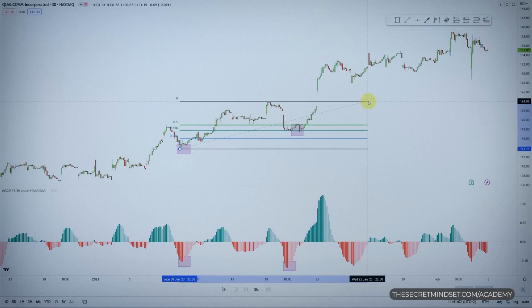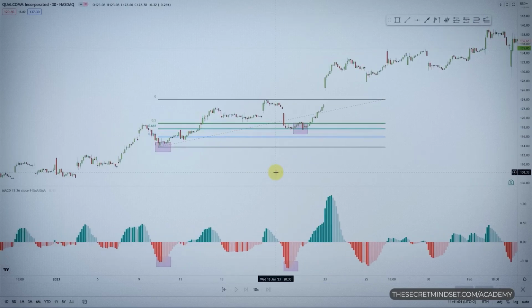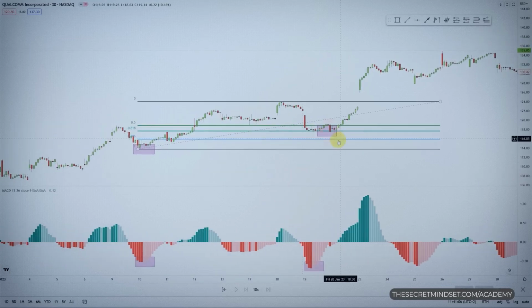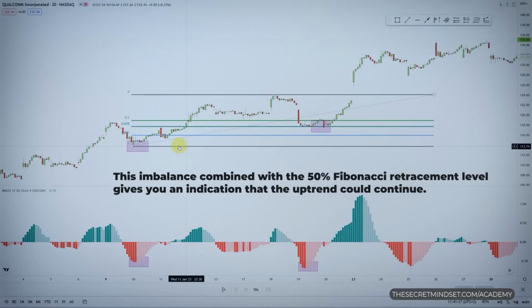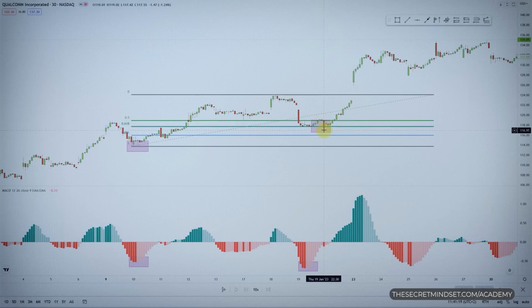And you see that price is retracing to the 50% level and is also forming a hidden bullish divergence. This imbalance, combined with the 50% Fib level, gives you an indication that the uptrend could continue. And now you're just waiting for a confirmation signal to enter the trade.